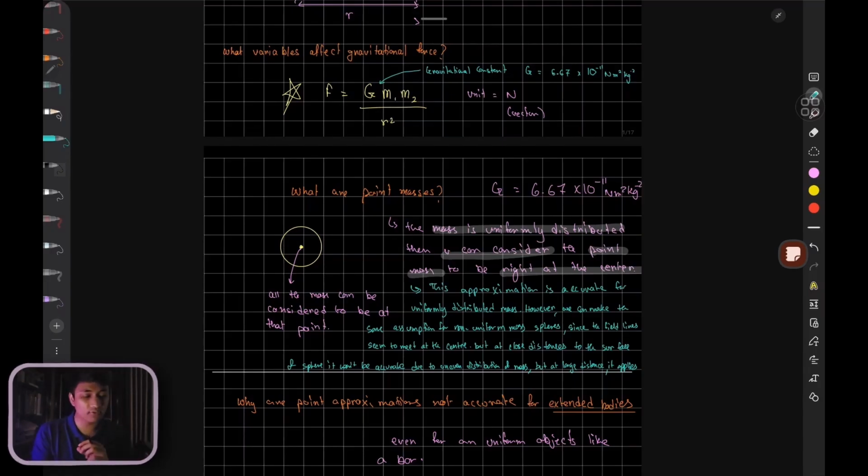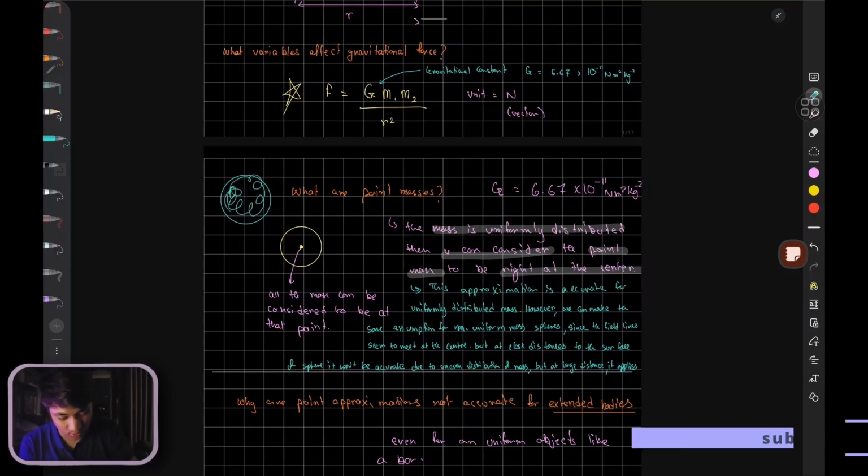In case of spheres that are not uniform in terms of mass, we can also make the same point mass approximation. That is, let's say it has the perfect shape, however the mass is not evenly distributed through the sphere.